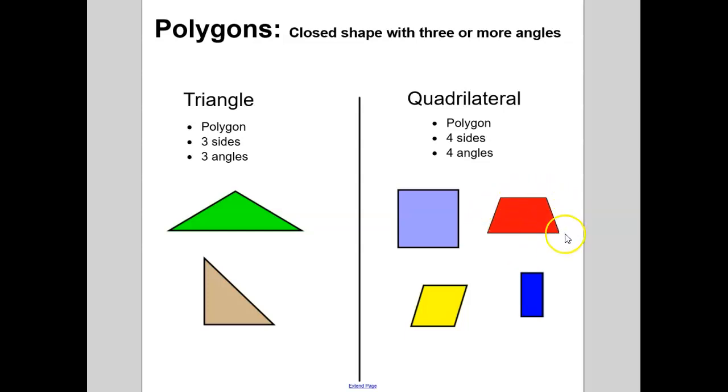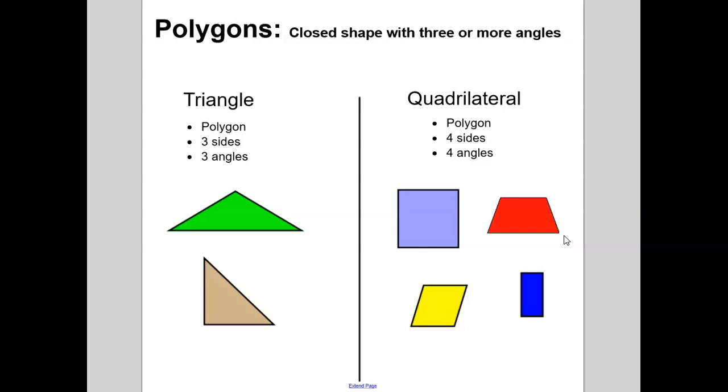and 4 angles. Pause the video one more time and tell me, what is the difference between triangles and quadrilaterals? Were you able to say that they're different because a triangle has 3 sides and 3 angles and a quadrilateral has 4 sides and 4 angles?